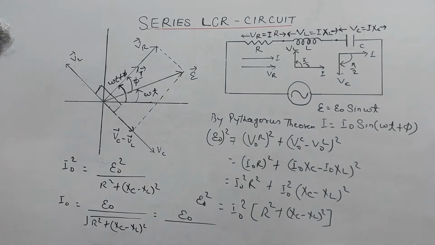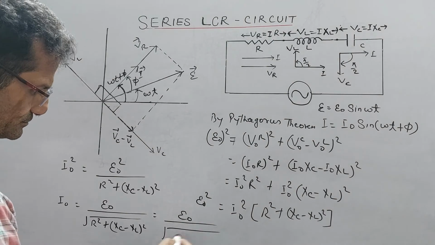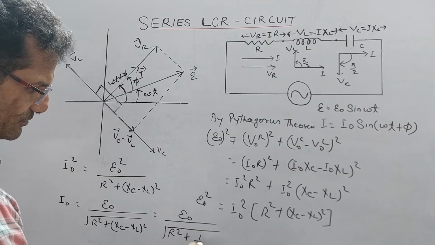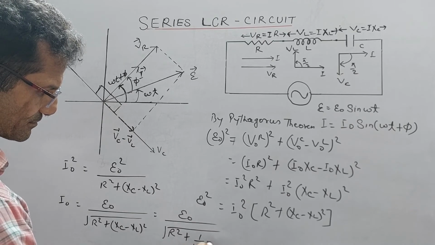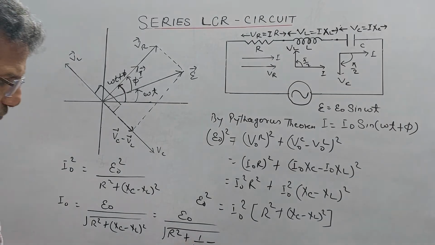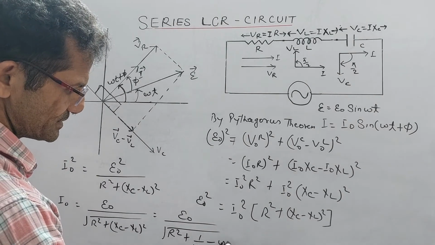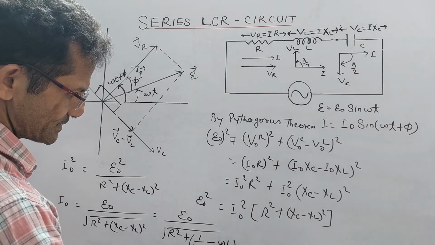If I put the value of XC and XL, it becomes the square root of R square plus, where XC has the value 1 upon omega C, known as capacitive reactance, and XL has the value omega L, which is inductive reactance, whole square.